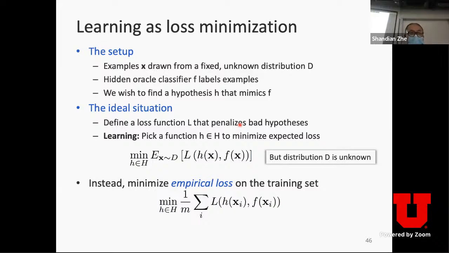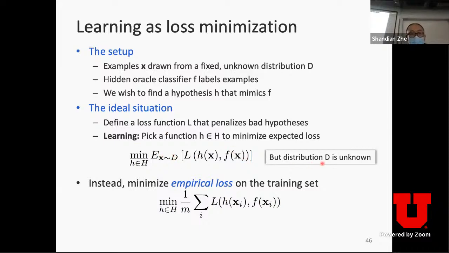In general, we can define our objective function as an expectation over the data distribution of the loss for any training input drawn from this distribution. This loss measures the difference between the prediction made by a particular hypothesis and the ground truth.